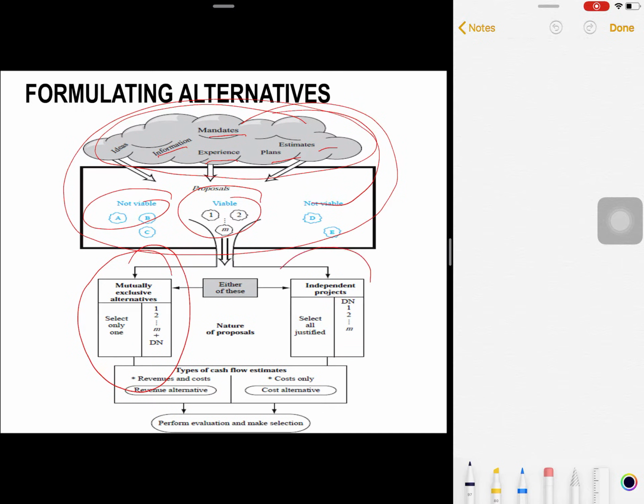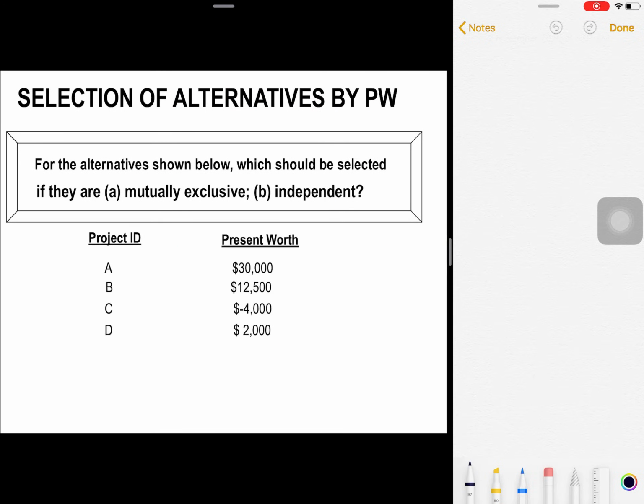That is why we will choose either mutually exclusive alternatives or independent projects to choose either or both proposals as the solution for our project, process, or services. And the type of cash flow estimates will give you the information on revenue alternatives, and also the cost alternatives in performing the project.